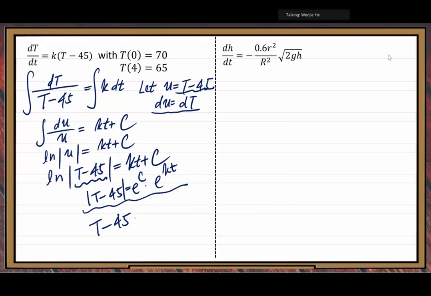On the right-hand side, e to the C is always a positive constant, but now I want to replace it by another constant, capital A. A could be positive or negative. So T minus 45 equals capital A times e to the little kt.